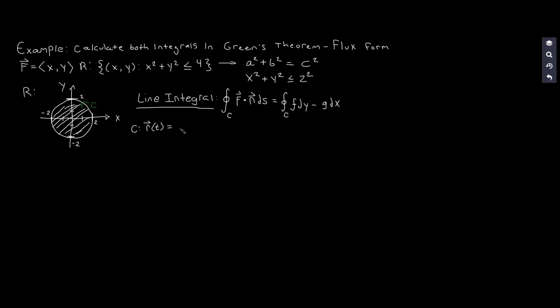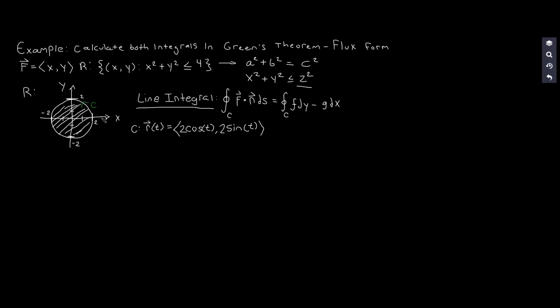And this is a vector here, and we're going to deal with cosine of t and sine of t. And remember that we have a radius 2. So there's going to go a 2 in front of each of these, to scale it up larger.